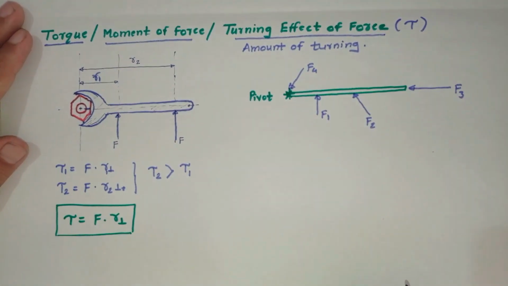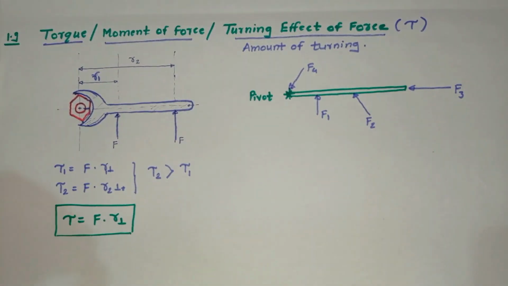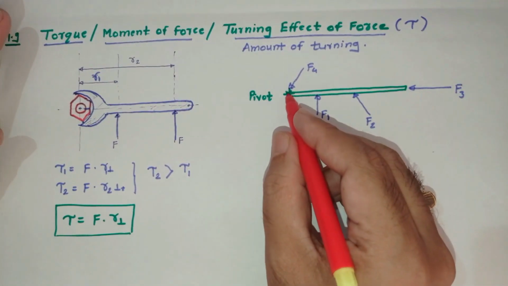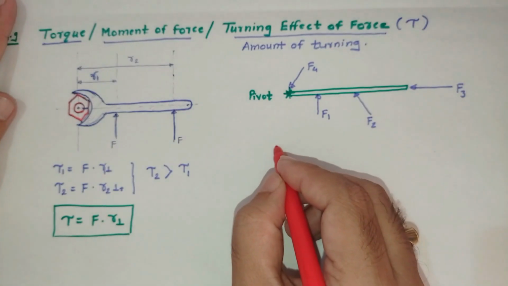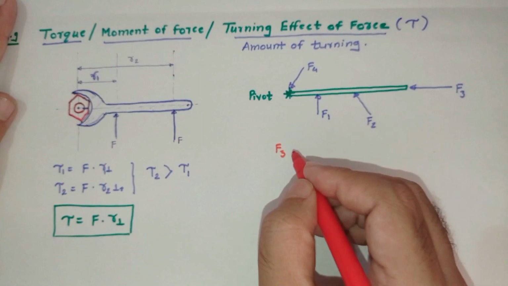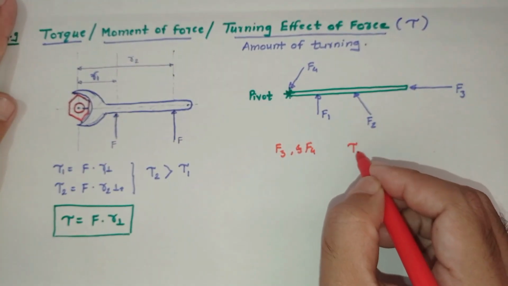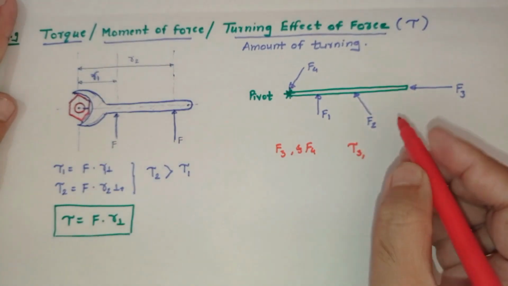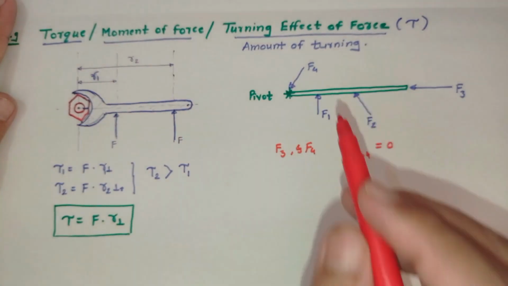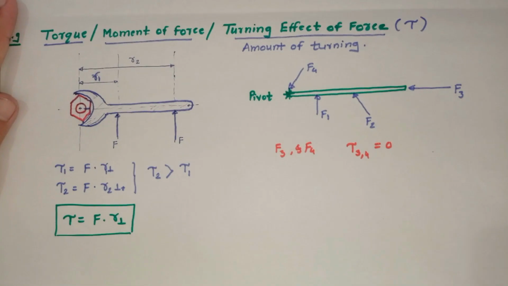Now we want to find out the total torque produced by these forces. The force which is passing through the point of rotation, so this F3 is passing through the point of rotation, this F4 is passing through the point of rotation. So torque produced by force 3 and force 4 is 0 because it is passing through the point of rotation or the pivot point.